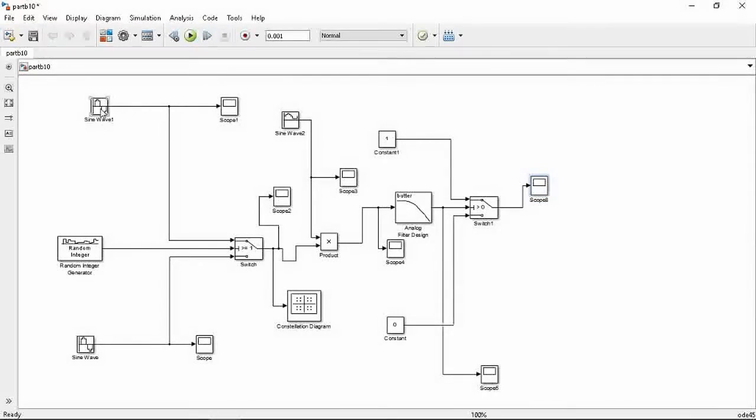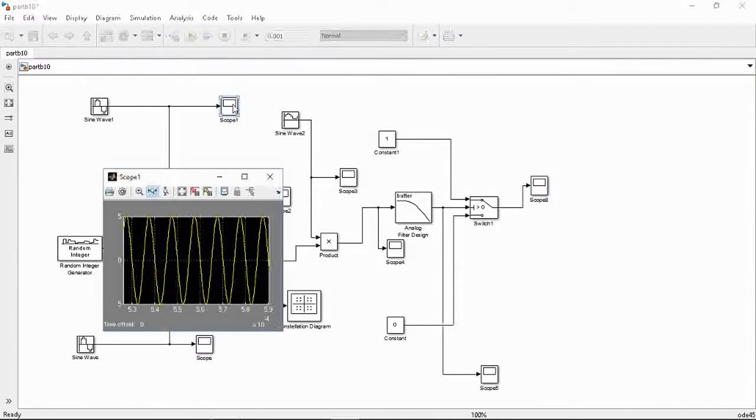For the sine wave one, the signal is a sine waveform according to the equipment that we use in the MATLAB simulation.